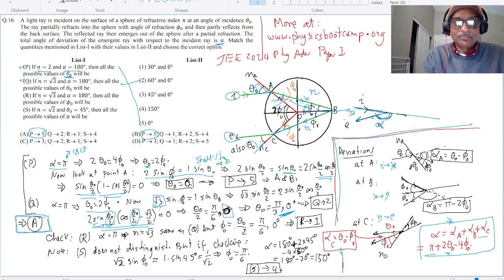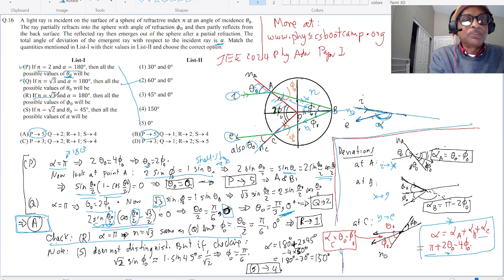After that you're done, and if you have some time, you can check by using the given n and alpha.